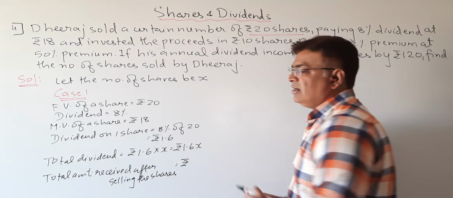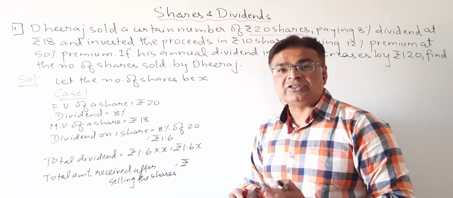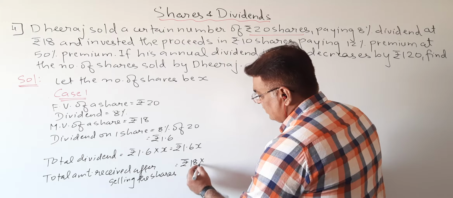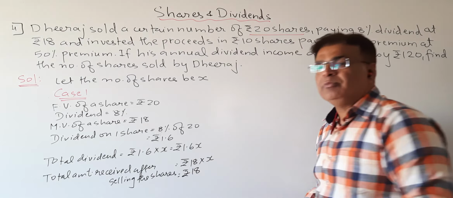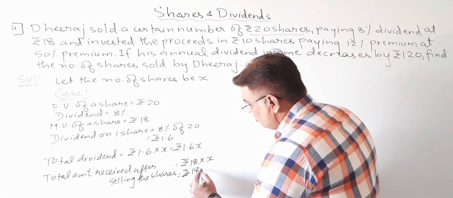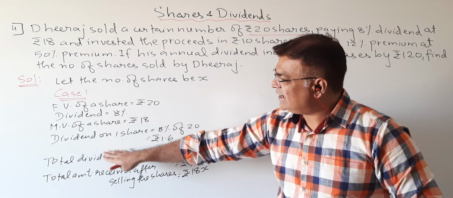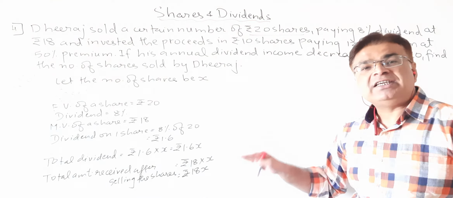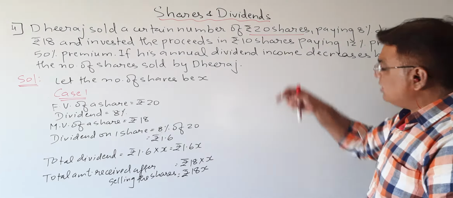See, here this share is at a discount. So he is selling at which price? 18 rupees. So 18 into X, because the number of shares is X. It will be rupees 18x. So from the first part, after selling, how much amount is he getting? 18x. Now this 18x he is investing into another type of share.